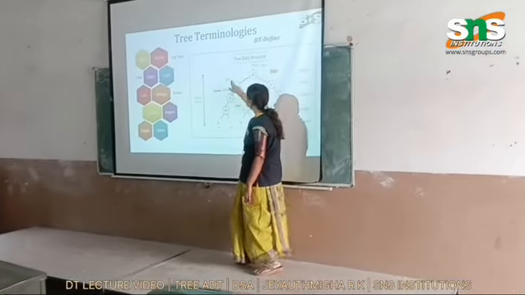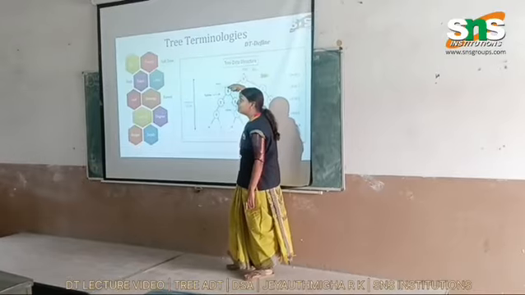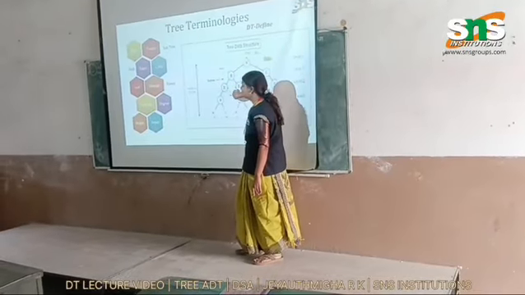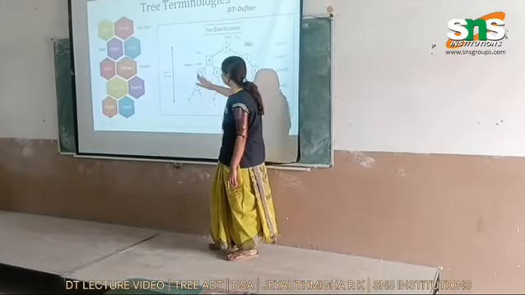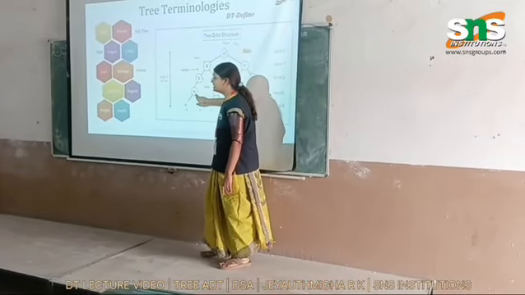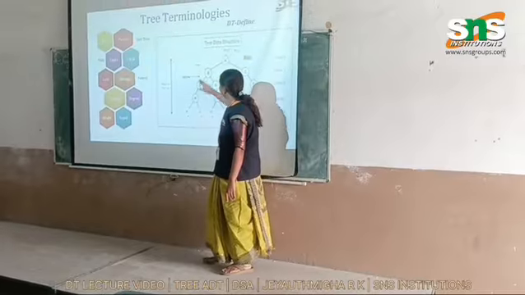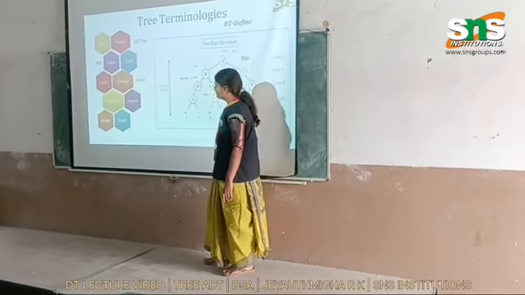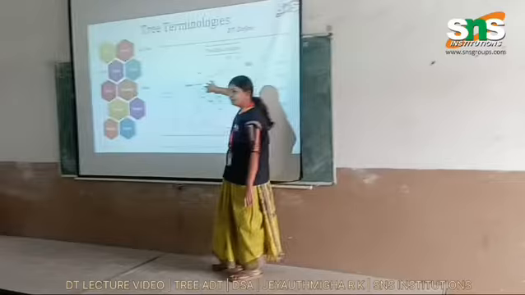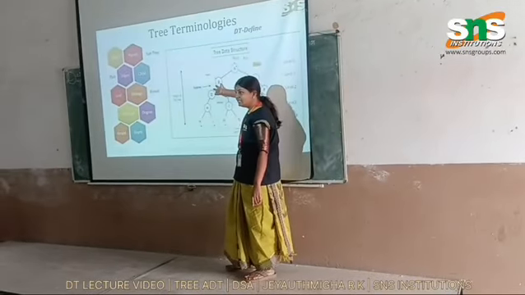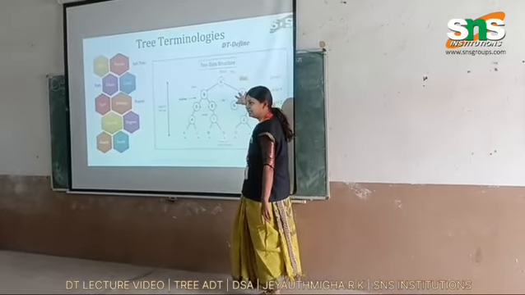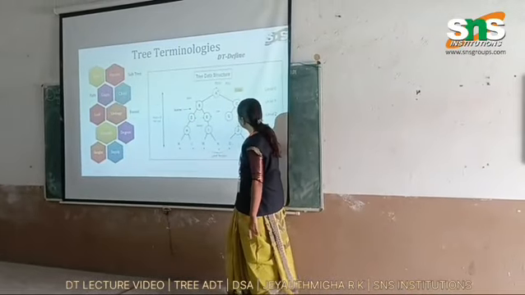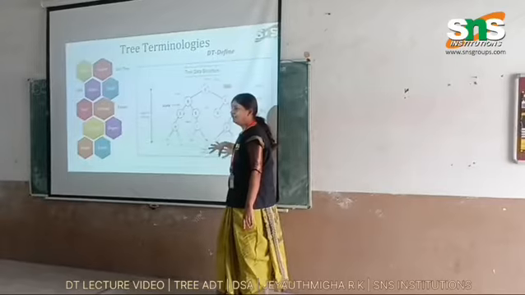And here, this is the parent for these children, yes or no? And this is the parent for these children. If you take this, this is a parent. Yes or no? And if you take this, this is also a parent. Each one of these is a parent.